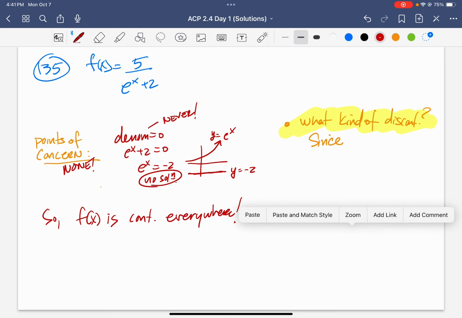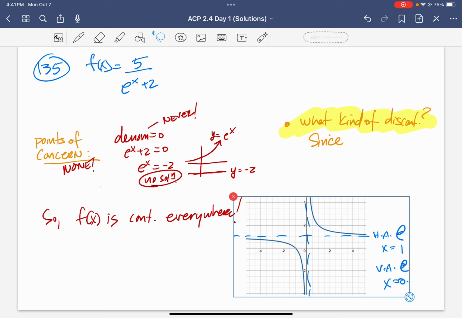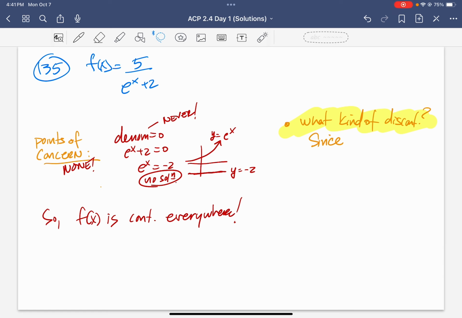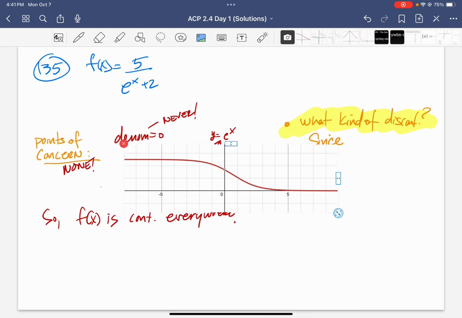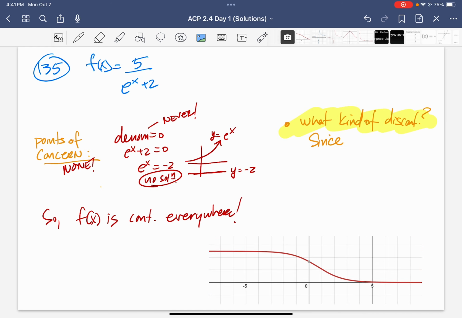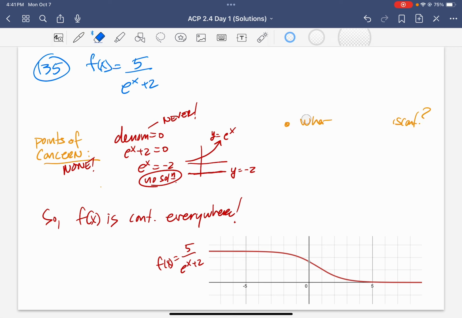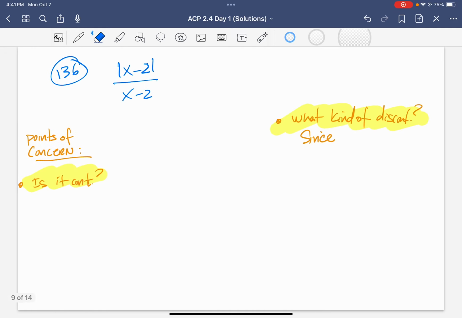But the main thing now is to notice that it doesn't have any points of discontinuity. So there's our function, 5 over e to the x plus 2, equal to this right here. And you don't have to worry about what kind of discontinuity. Great work.